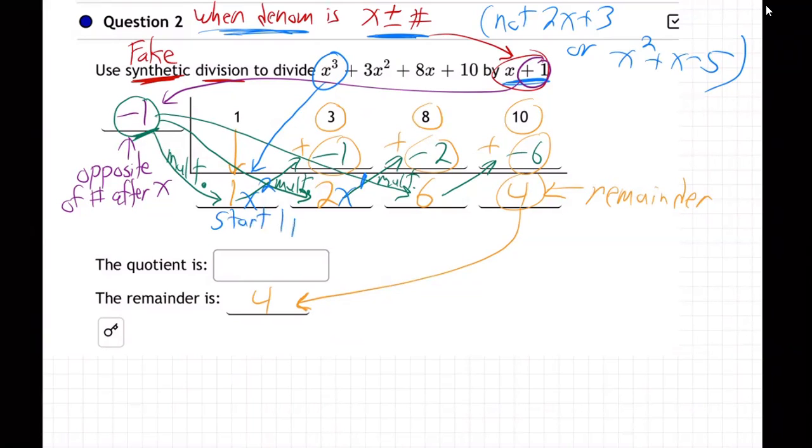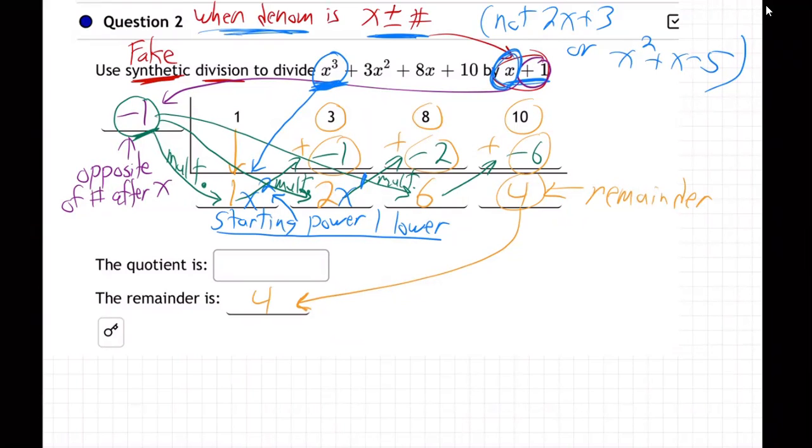The starting power is 1 lower than the original x cubed. Why? Because you're dividing by x to the first power. That's going to lower the power by 1.